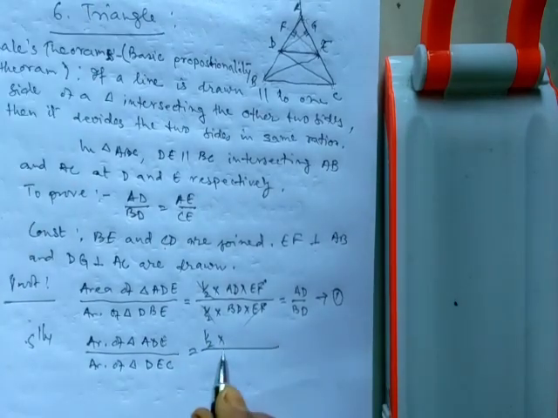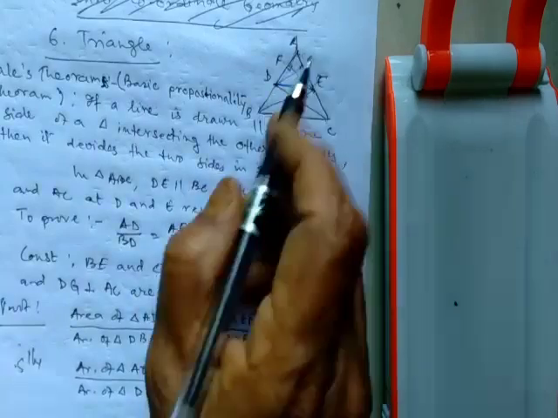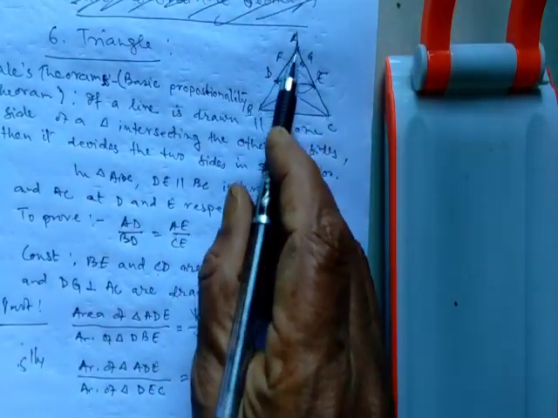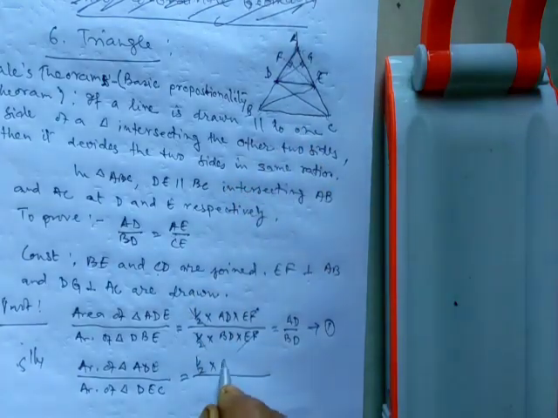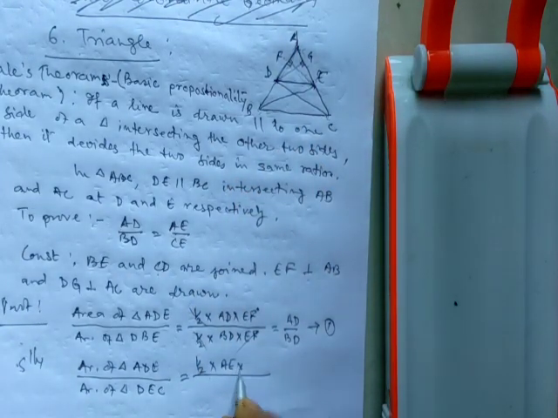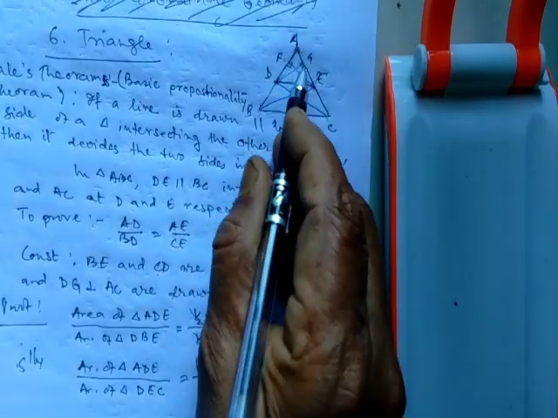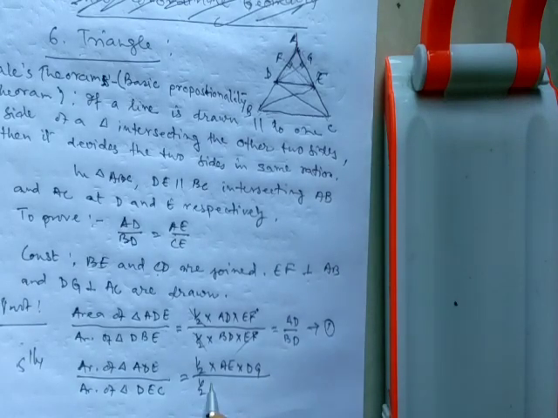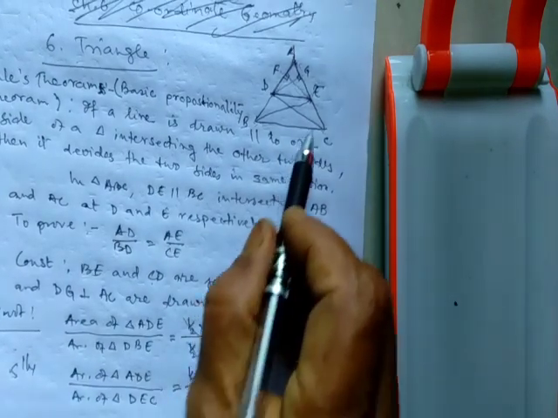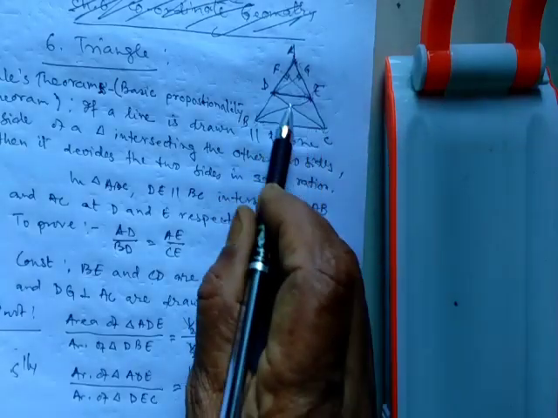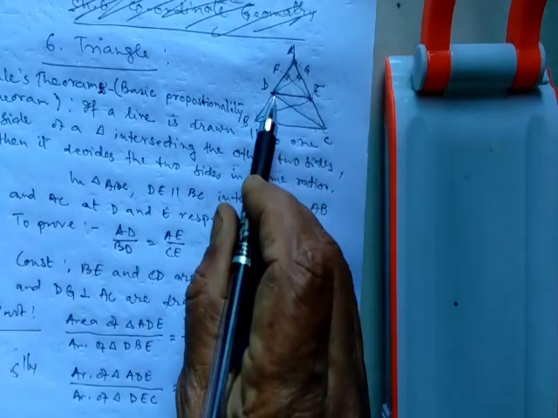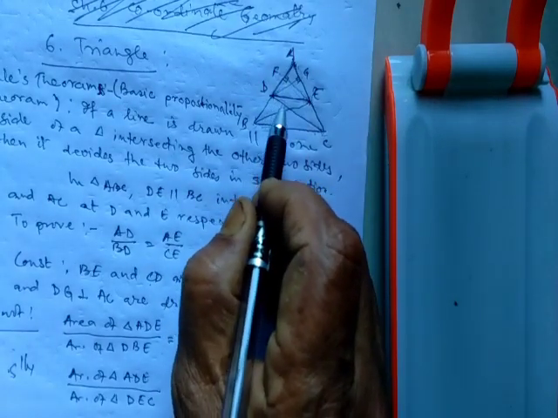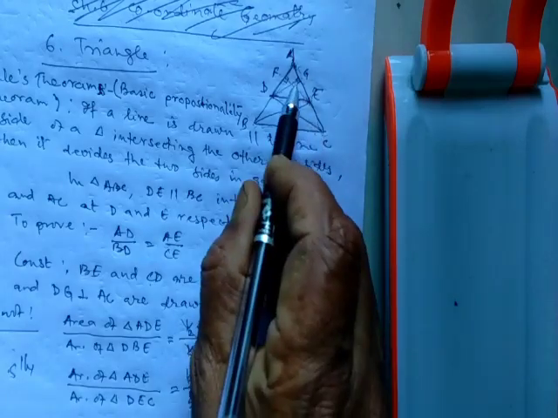Half into base AE into altitude DG, by half into base CE into altitude, which is the same DG, for triangle DEC. DG is the perpendicular on this line.